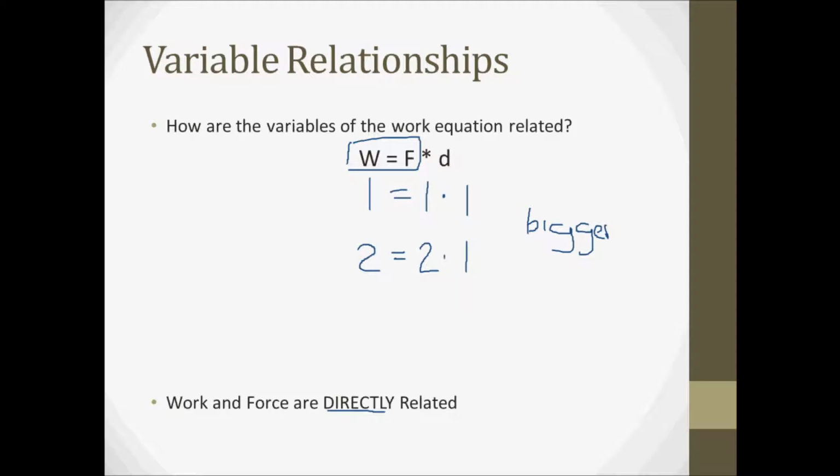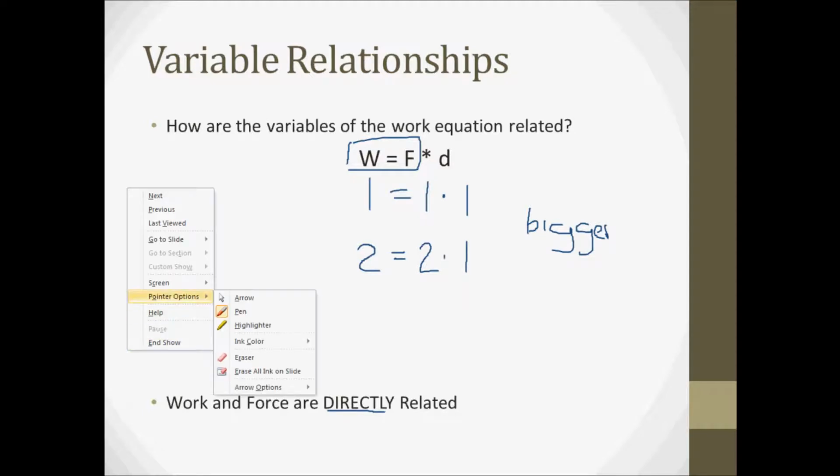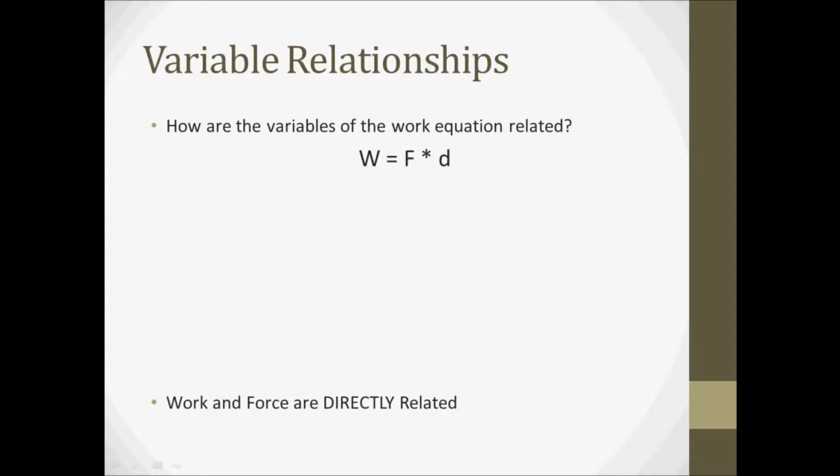So let's do the same thing with distance and work. This time, force is going to be left as 1. Let's write out the 1 times 1 equals 1 part. We're going to leave force as 1, but this time, let's triple distance. That's still increasing it, making it bigger. So what's 1 times 3?